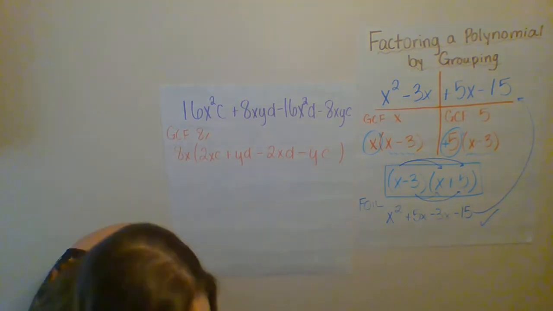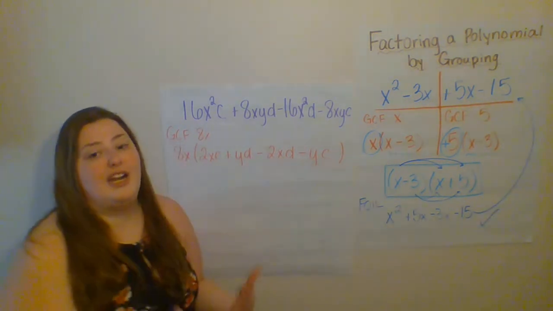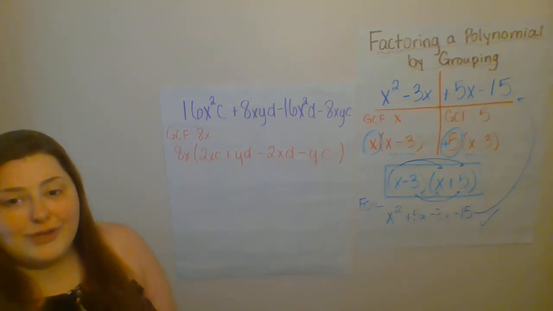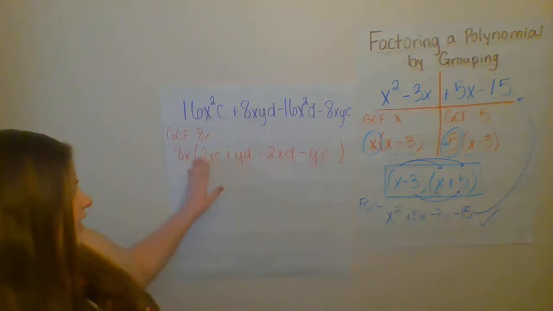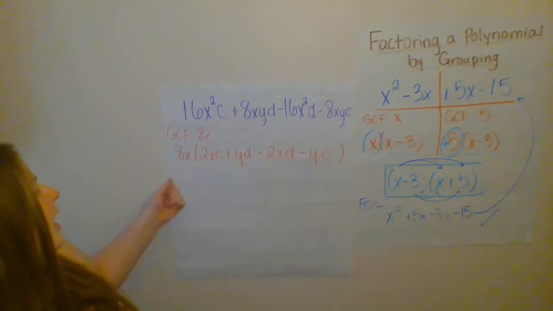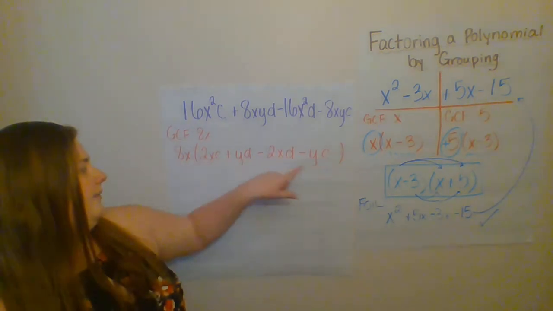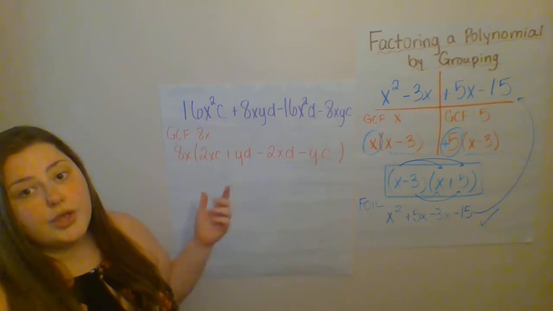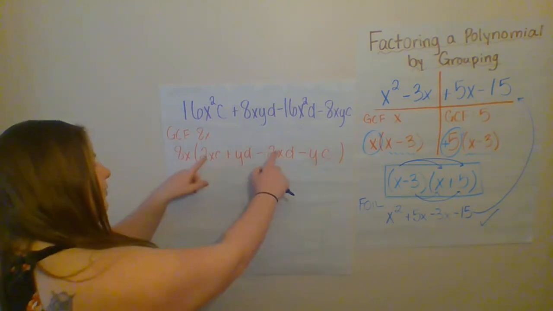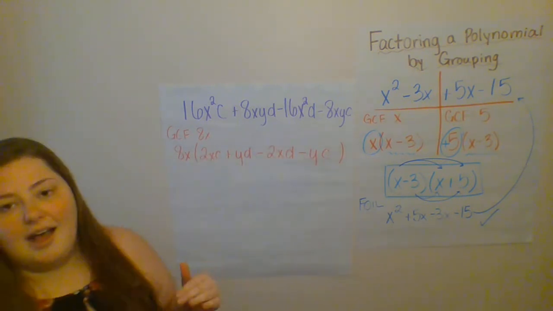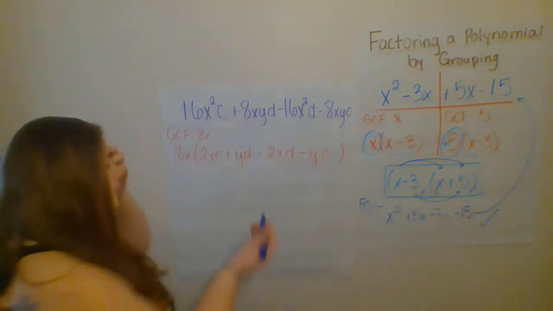So if you get to this point and you are stuck, one thing you can do is rearrange this. So I am going to group together the terms that have C's and the terms that have D's. You could also look at this and say, I'm going to group together the X's and the Y's. Either way, it'll work out.